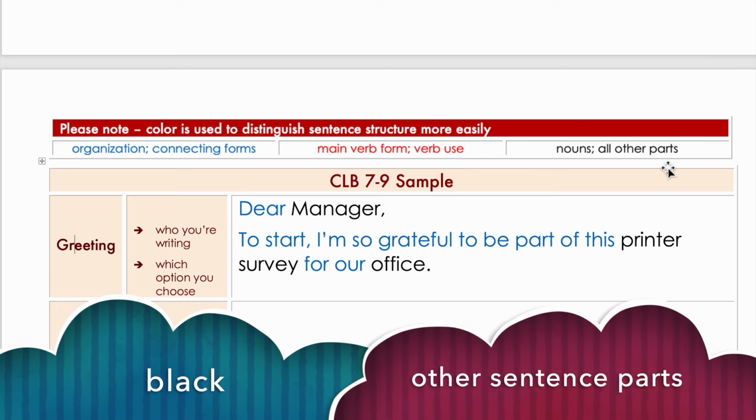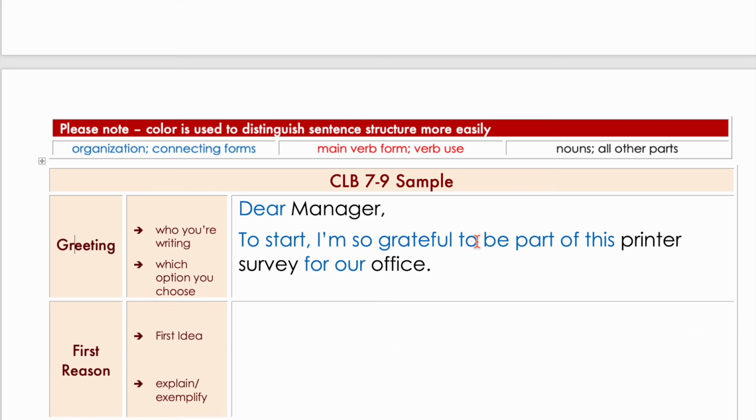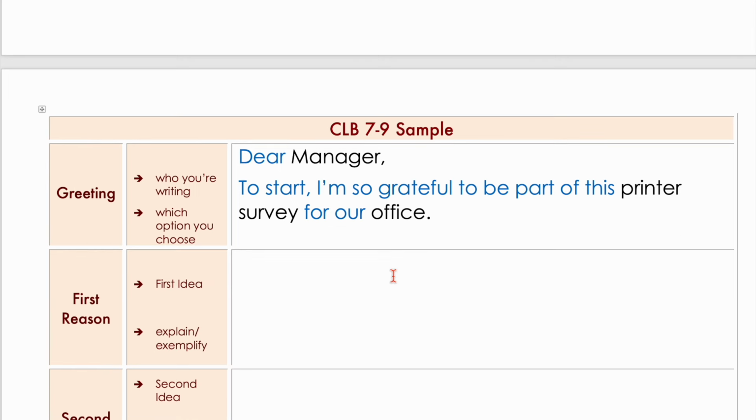So what this means is that this blue here, it's a structure form, a way of sequencing, okay? And most of our writing videos and speaking videos, they use this kind of structural and color coordination, okay? It's very beneficial for students. All right, so that's why that one is there in blue, okay?